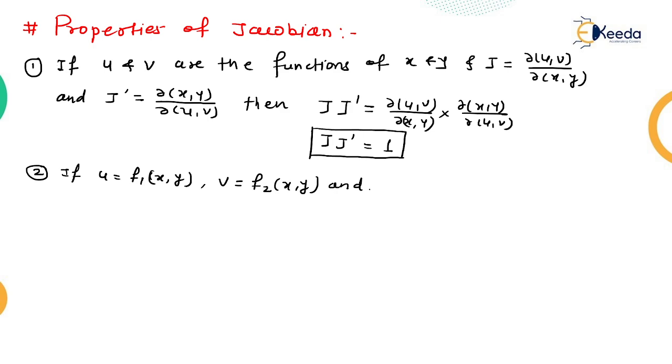So x is equal to another function, we call it phi 1 of r and theta, and y is equal to phi 2 of r and theta. So y is another function, that is phi 2 of r and theta.